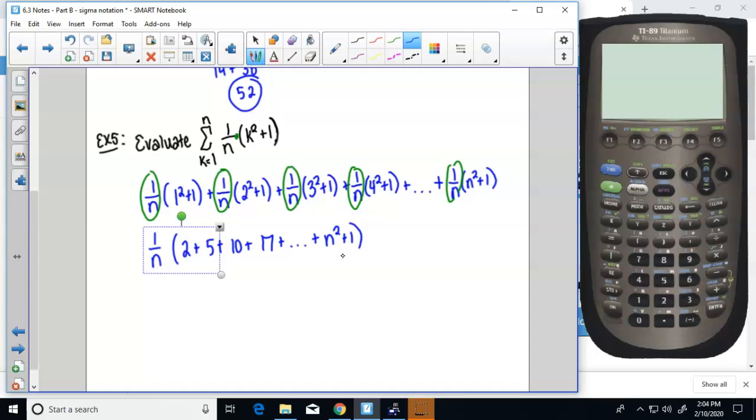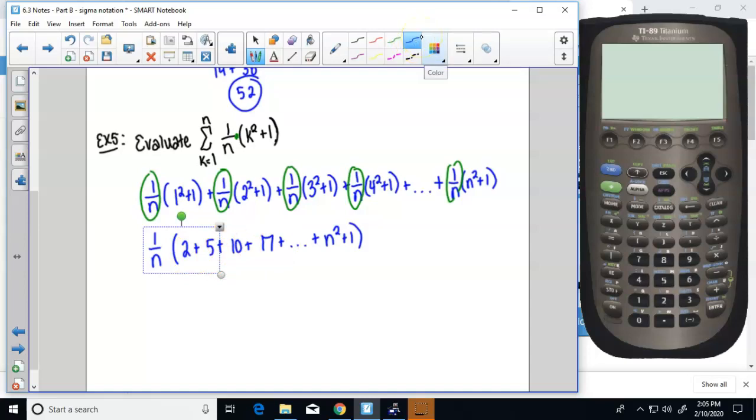Okay. You couldn't really go any further than this because we've still got that n in your expression, so you can't simplify it. I guess you could put 2, 5, 10, and 17 together, but that really doesn't do anything because you've got all those other numbers up to n, so you wouldn't really want to combine those.